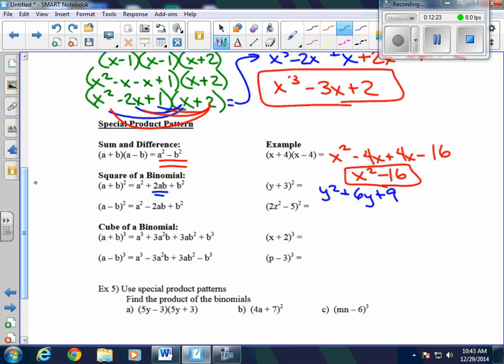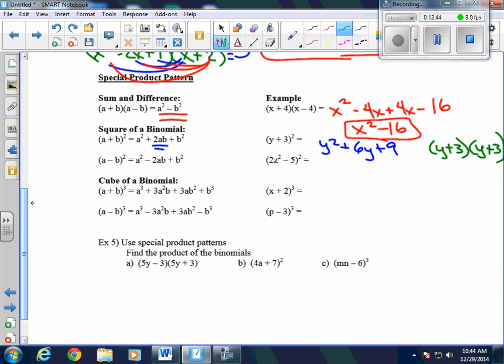You could write this as y plus 3 times y plus 3 and FOIL them. If that is easier for you, if you don't understand what these patterns are, do it that way. You will get the right answer. It'll take you quite a bit longer, but you will get the right answer, which is more important than getting it fast.